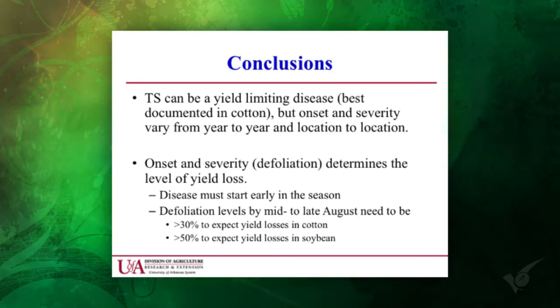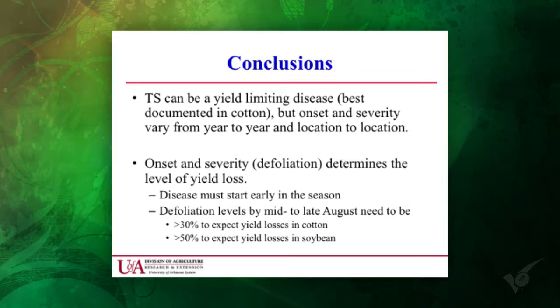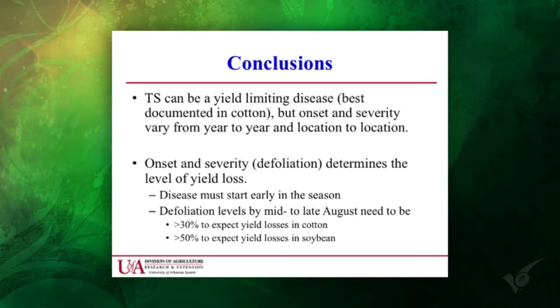So if you're going to have defoliation by mid-August in cotton that's going to reach 30%, I think you're probably going to benefit from a fungicide. By that time, you're already going to have the canopy closed. You're not going to be able to treat all the way down, but you're going to be protecting the upper canopy. Same thing with the soybeans. You're probably not going to penetrate down below where it's at, but you're going to keep it from moving up through the canopy.